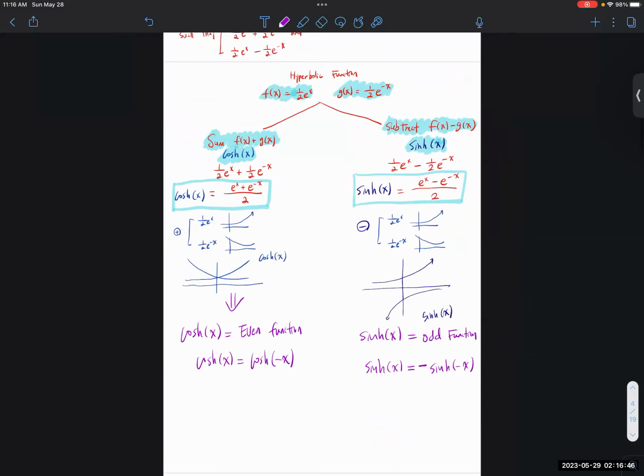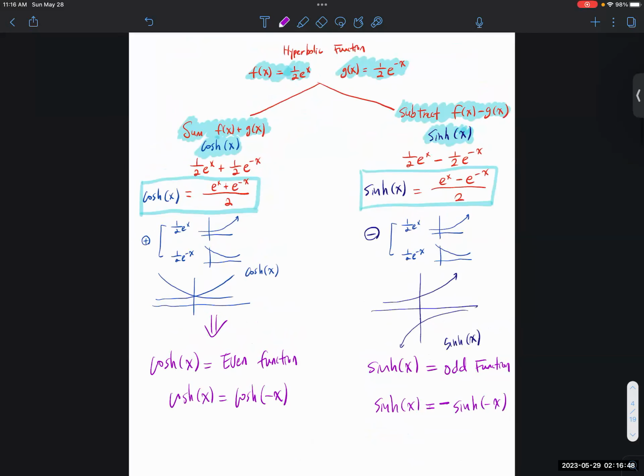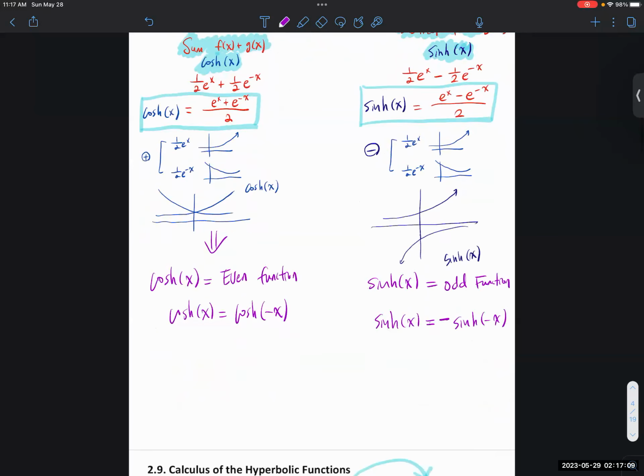Okay, so we checked what the hyperbolic functions look like and what their characteristics are. You can think about it when you hear about the hyperbolic function: oh, I know this, right? We're going to keep checking a couple more characteristics, and I will show you how to take the integral. So let's keep going down slowly.